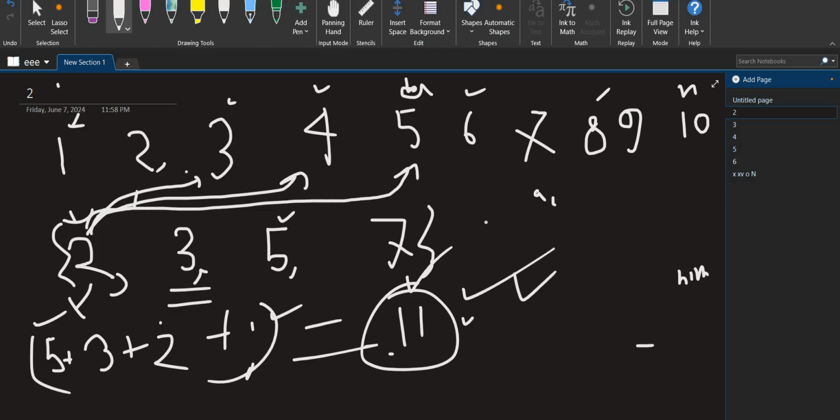Now, the big question is, again, for each and every prime number, what will I try to achieve? I will try to achieve the maximum power, the maximum pair that you can satisfy.